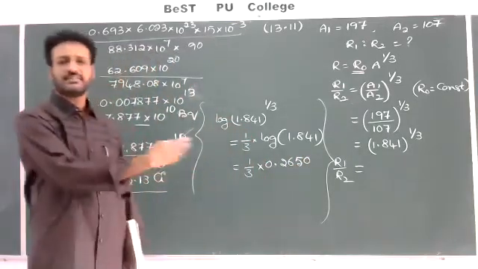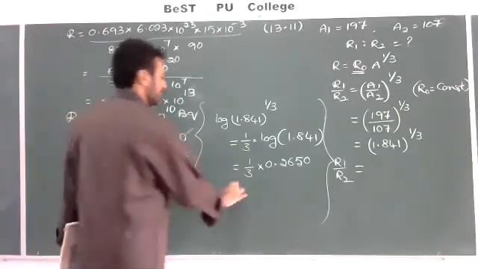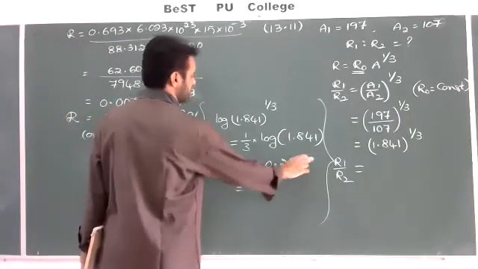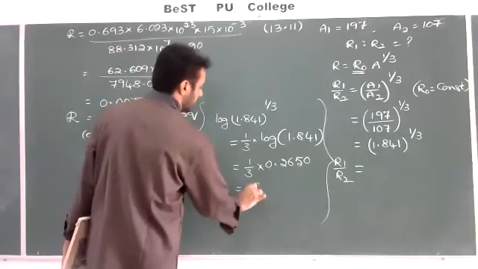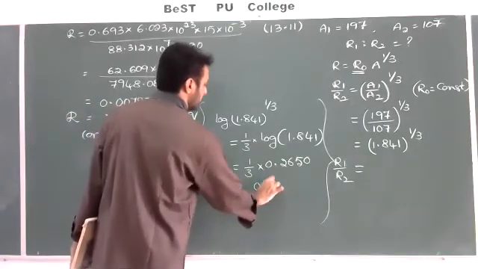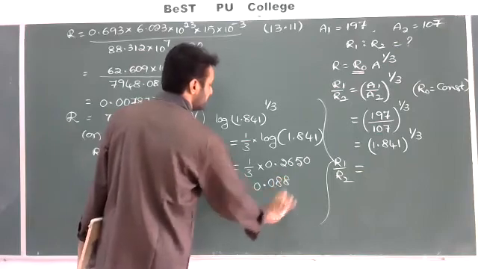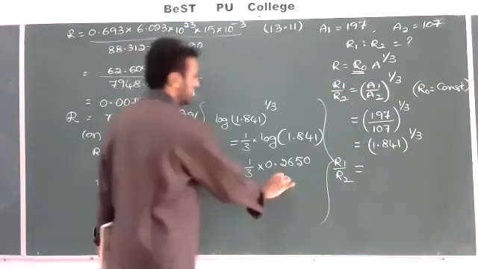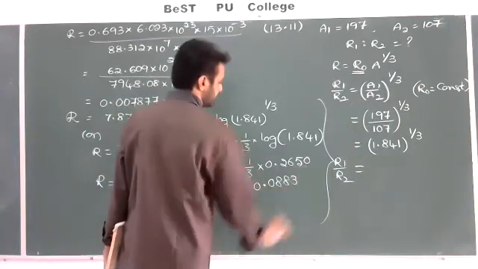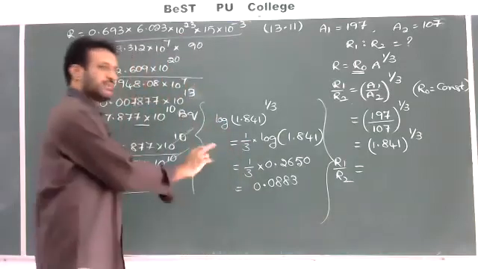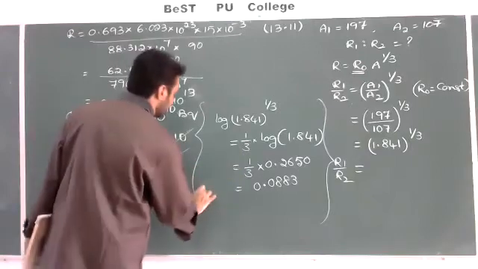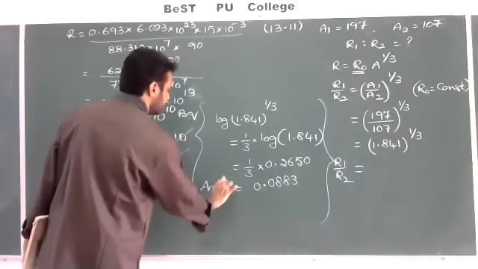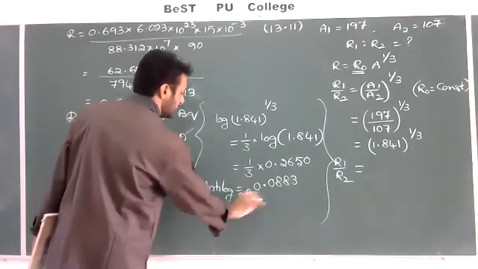Then divide this value by 3. 0.2650 divided by 3 is 0.08833. So this value you have to check in the anti-log. In the logarithm book, the next page has the anti-log. We have to check the anti-log of this value.